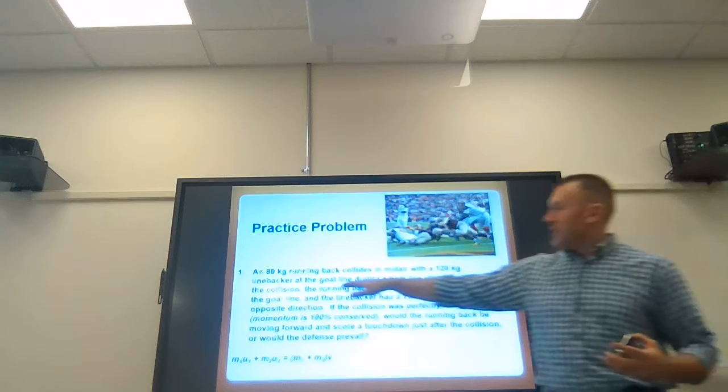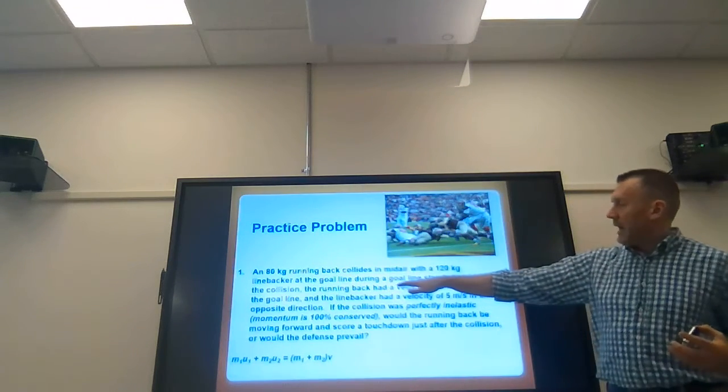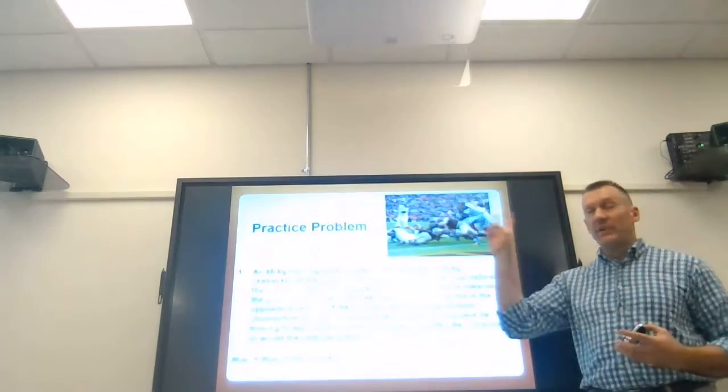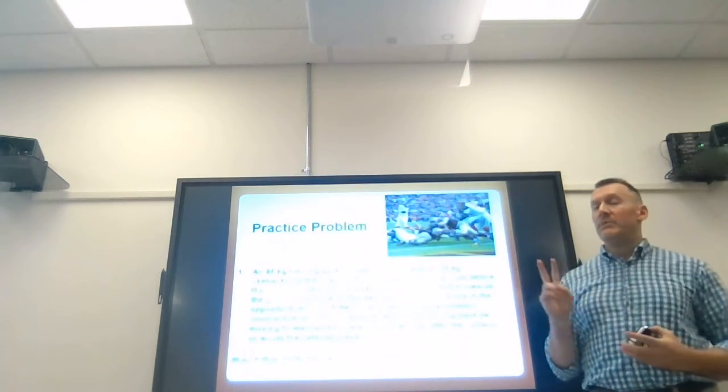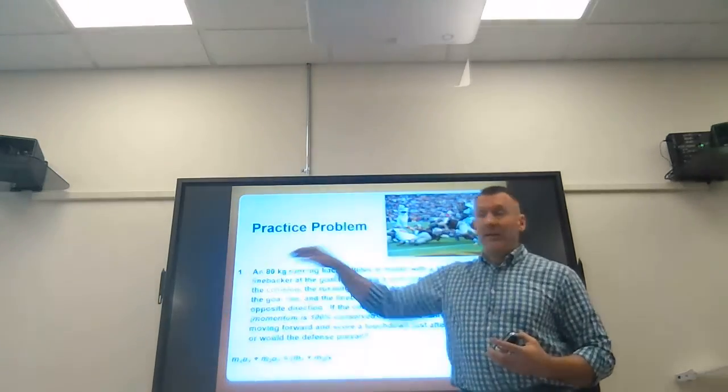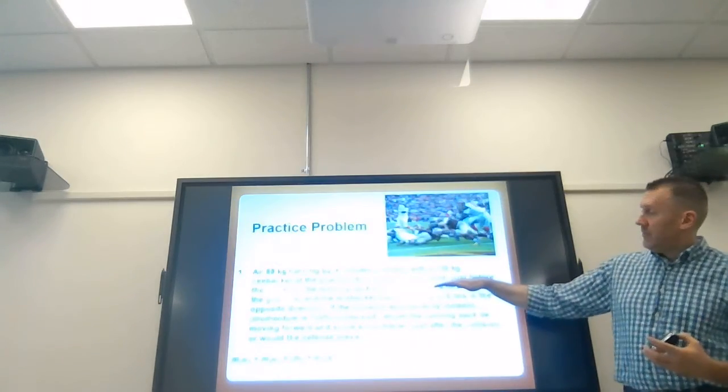Just before the collision, the running back had a velocity of 6 meters per second. So there are two things we need to know to get momentum: we need mass and we need velocity.